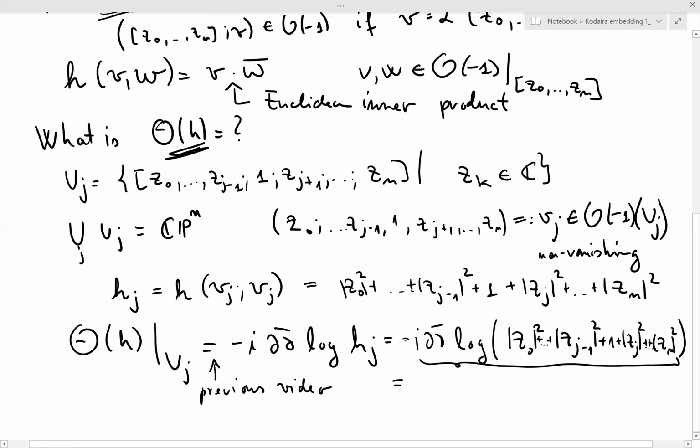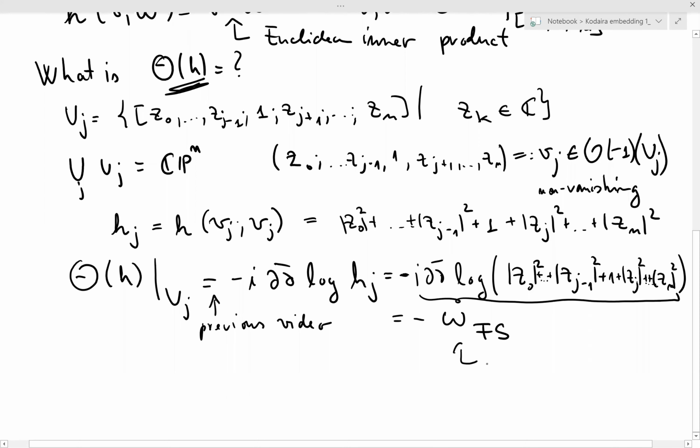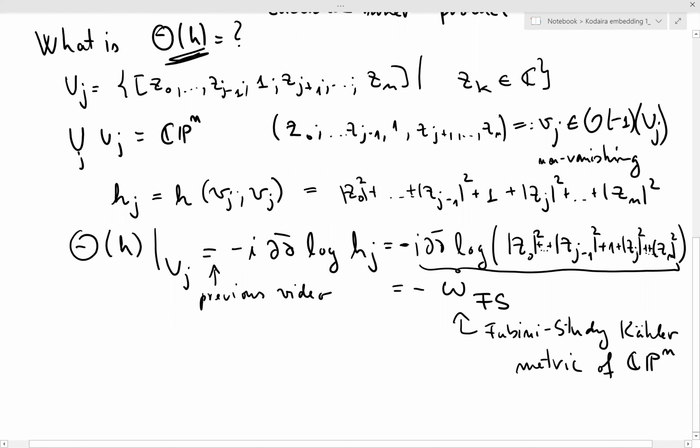It's just that there's an annoying negative sign in front of it, but it's okay. So this is the Fubini-Study Kähler metric of CP^n. So we're looking for a positive line bundle, and what we got is negative.